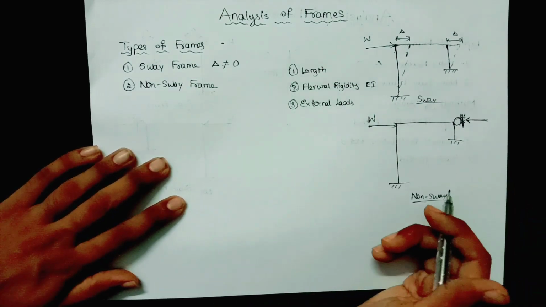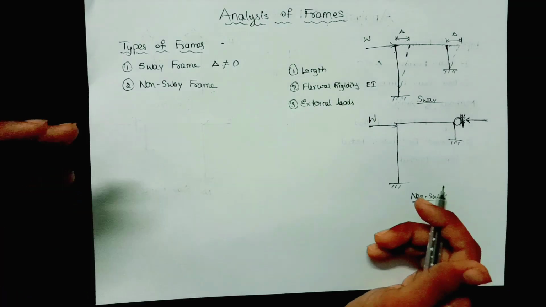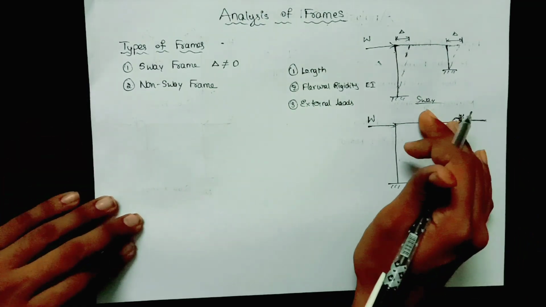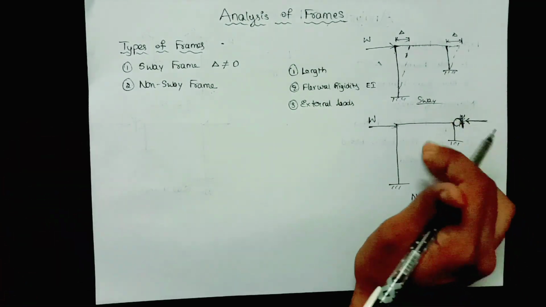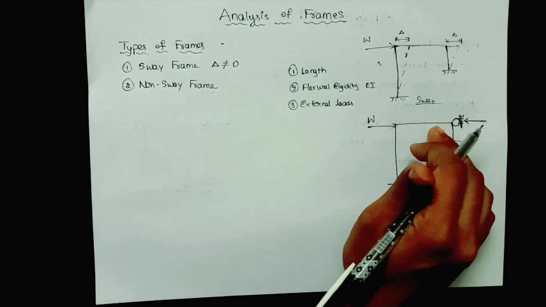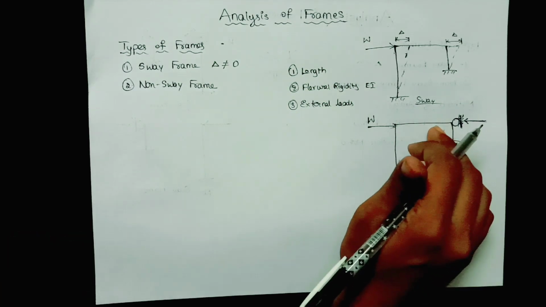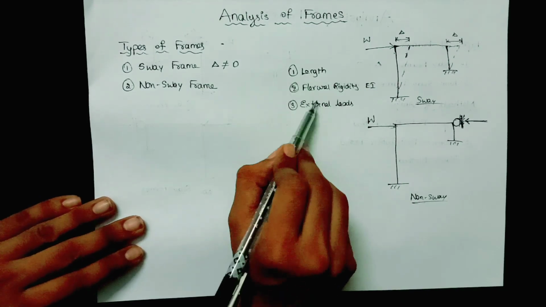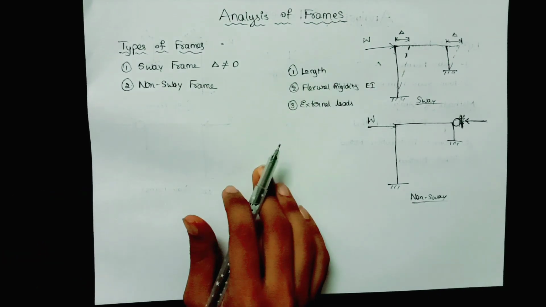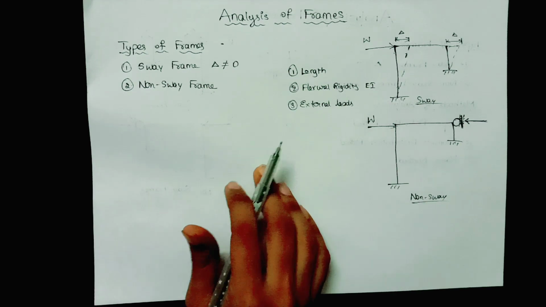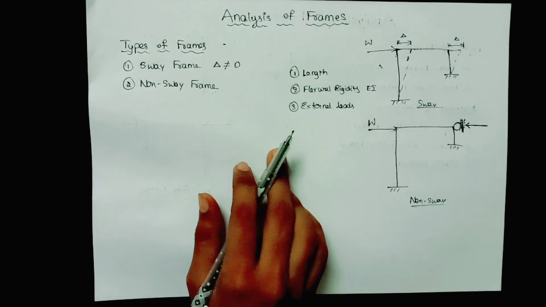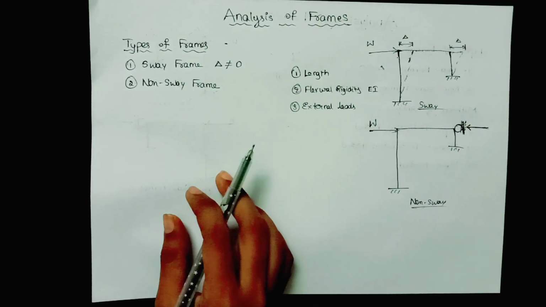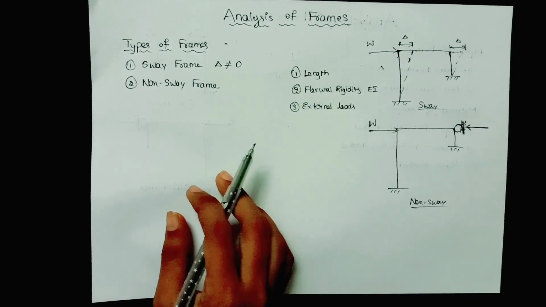If it is a non-sway frame the analysis is somewhat different; both are almost the same, but there will be a small minor variation in the procedure. These are the main factors affecting the identification of sway and non-sway frames. I will clearly explain how to identify them while solving the problems.